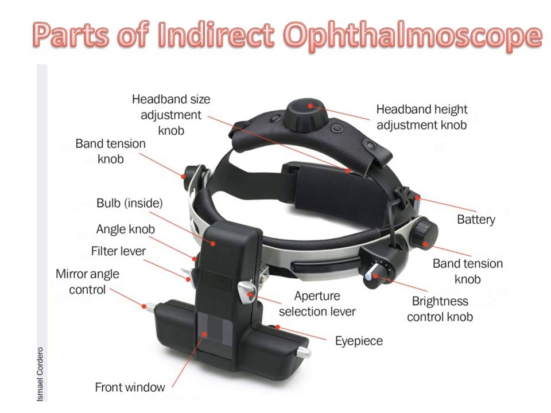Then headband tension can be adjusted by using these two knobs which are present on either side. Then you have a bulb inside, and there is an angle knob. Filter lever is to change the color of the light. Then you have a mirror angle control. You have a front window, and then an aperture selection lever.